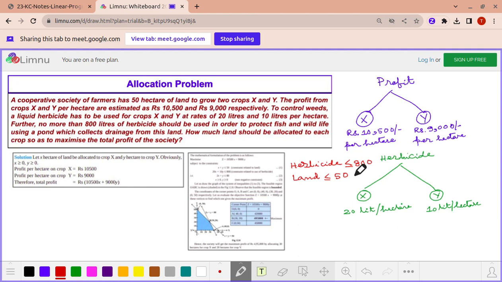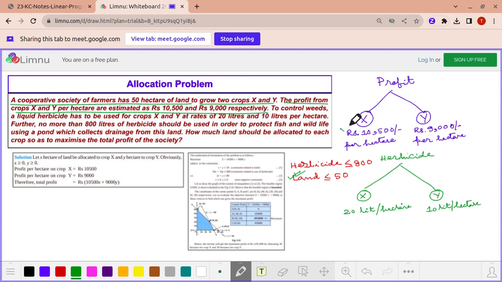let me read out the question once more. Okay. So what is the question? A cooperative society of farmers has 50 acres of land. So that's why I wrote that land is less than or equal to 50. To grow two crops X and Y, the profit from crop X and Y per hectare are estimated as rupees 10,500 and rupees 9,000 respectively.